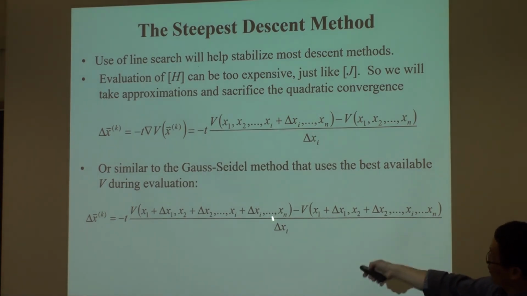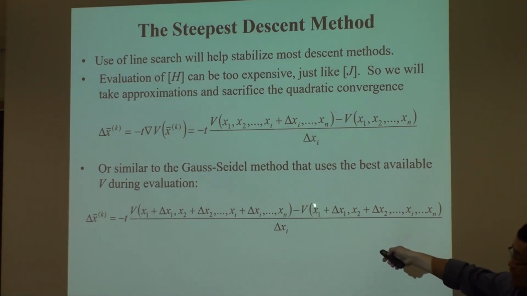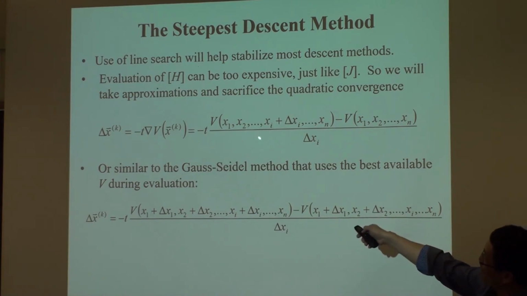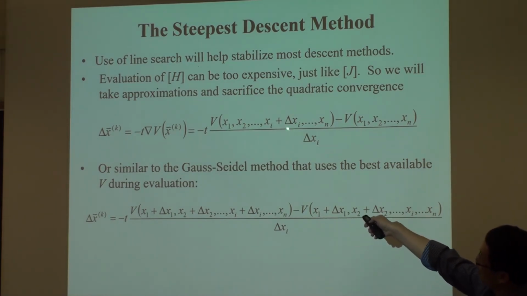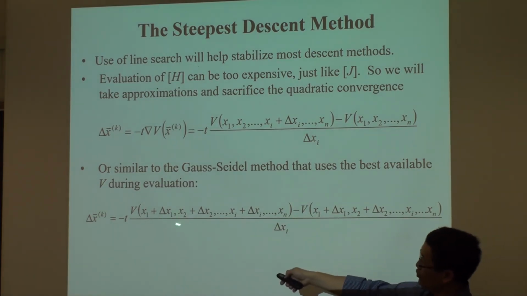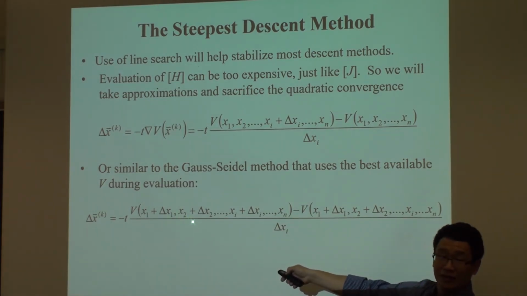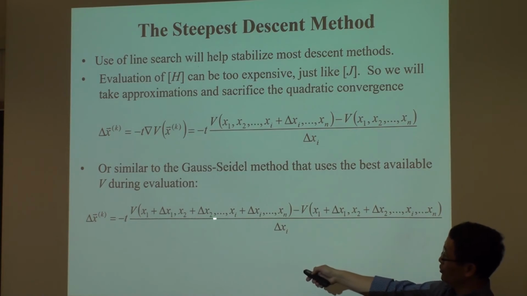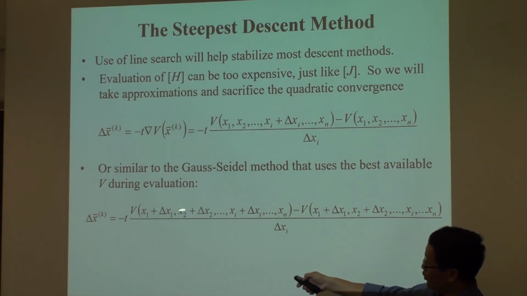If you observe the difference, in the first approach you perturb each one independently. In this one, you perturb one and you know delta x1. You perturb 2 and you know delta x2. And when you know this, you use that information in your delta x3.